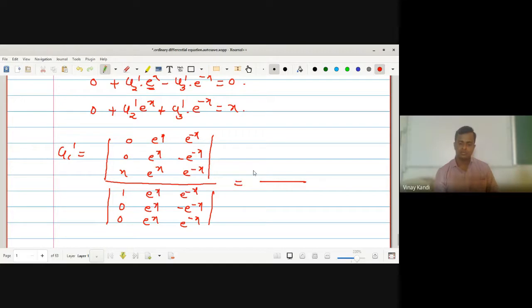Solve this quickly. Product of this one is 1. 0 into this, everything is 0. x into the product of these two is 1. Wait a minute, I think I made a mistake. Tell me what the upper determinant comes to. x into the product of these two is 1.